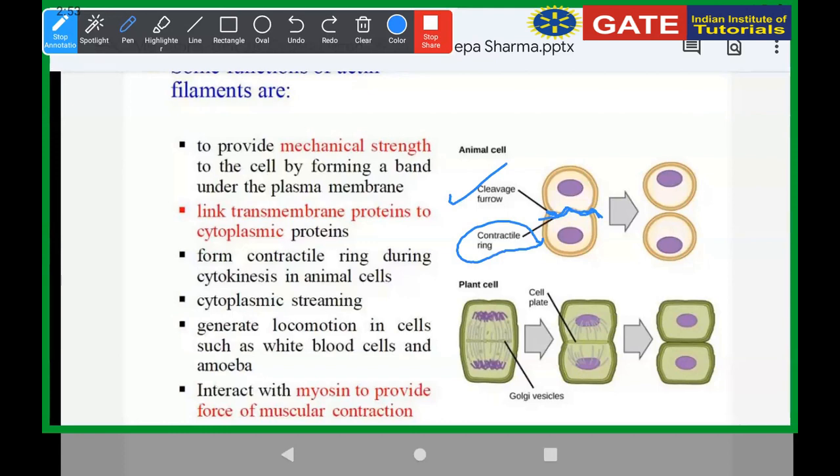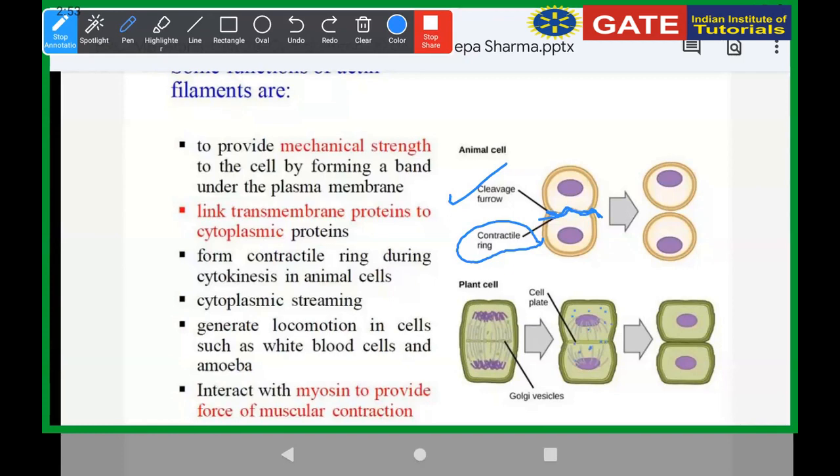Next, these microfilaments help in cytoplasmic streaming. It is also called protoplasmic streaming. Cytoplasmic streaming means the transport of cytoplasm within the cell.